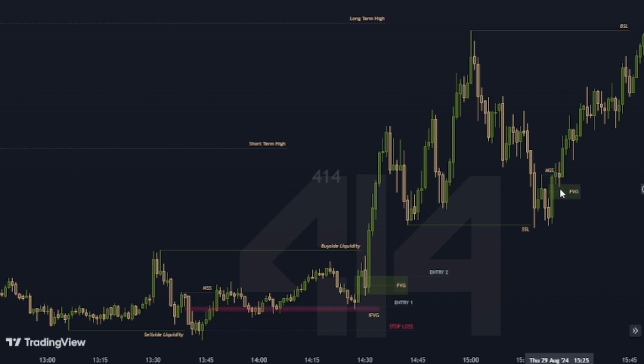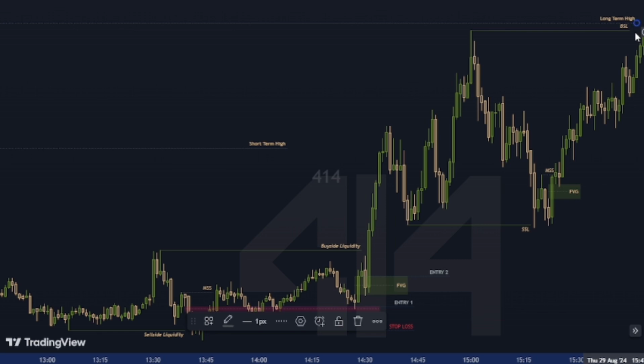Market dipped into that fair value gap, and we want to see the price stay above the midpoint of that fair value gap. So it kept going higher, engaging this buy side liquidity, and eventually that long-term high.